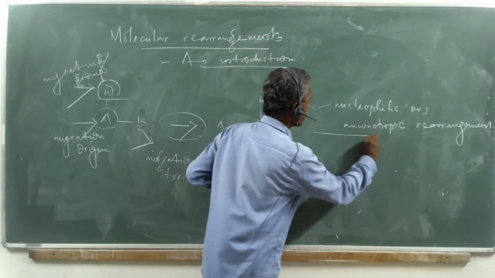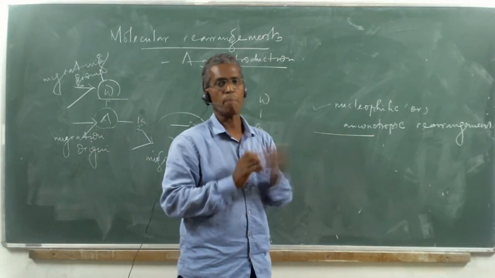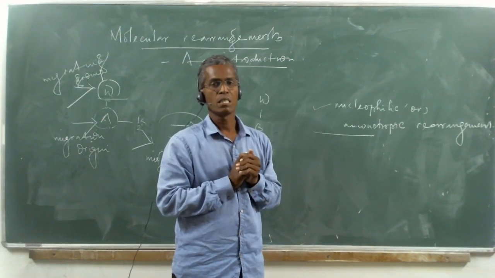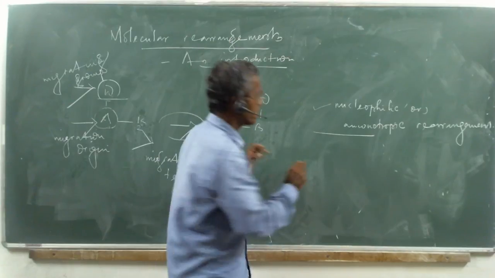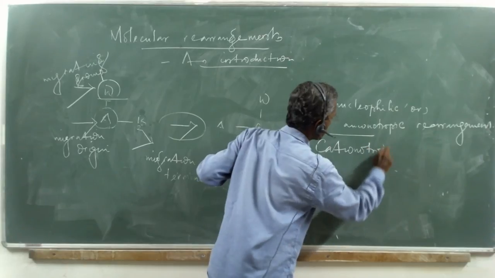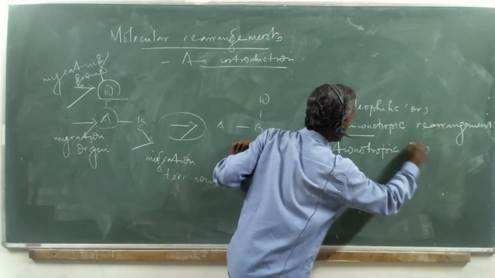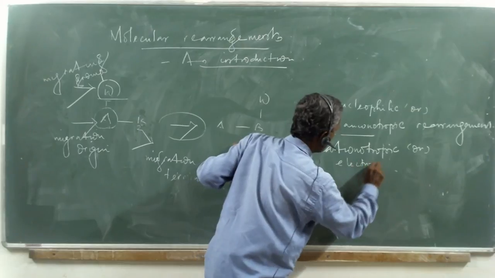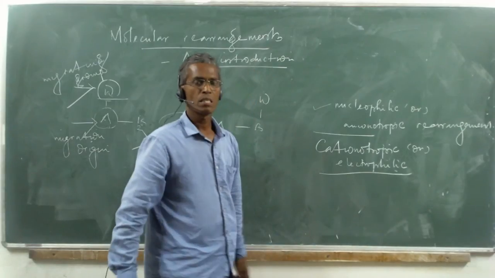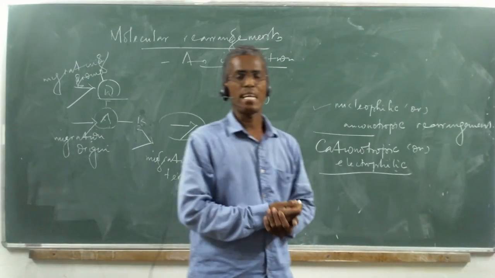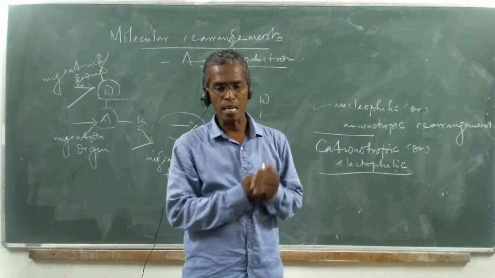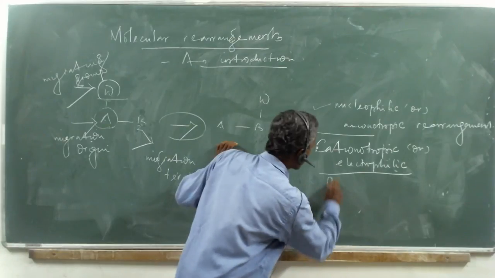On the other hand, if the migrating group moves without a pair of electrons, naturally carrying a positive charge, that reaction will be called cationotropic or electrophilic rearrangement. If the migrating group is purely hydrogen, then the rearrangement will be called prototropic rearrangement.